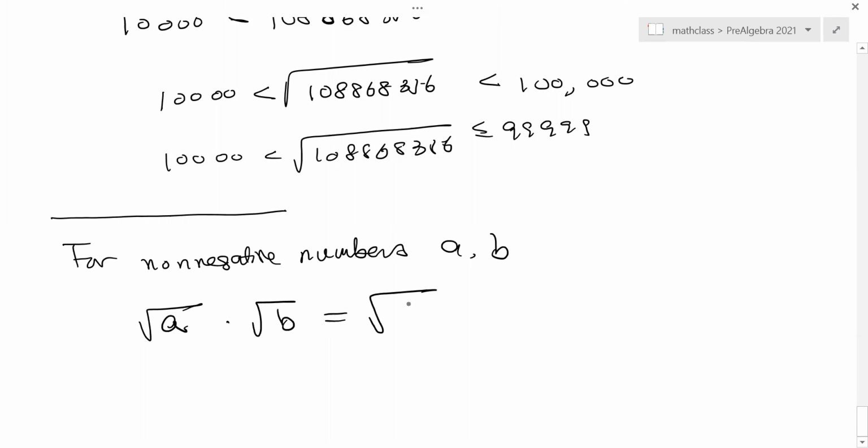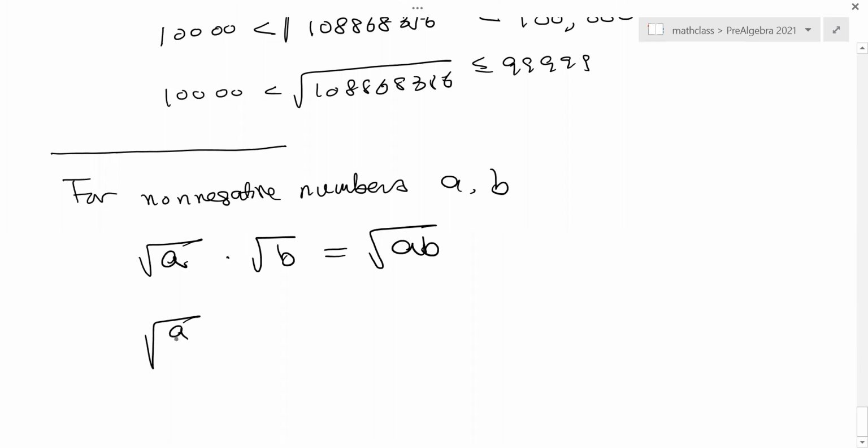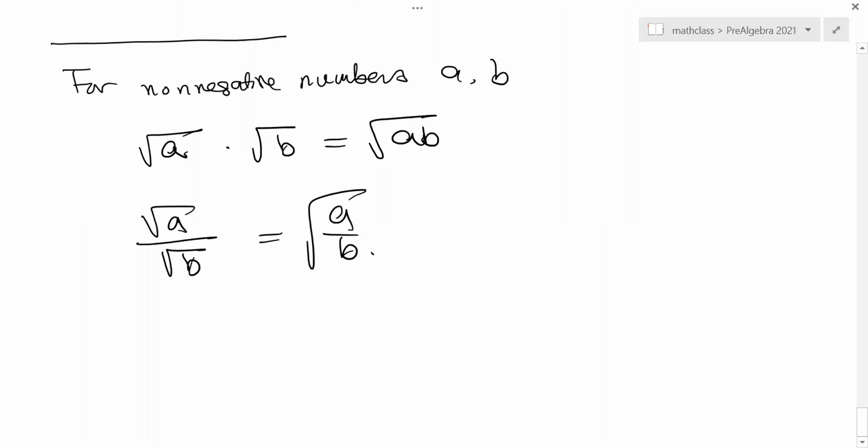Square root of A times square root of B is going to be square root of A times B. Another one is square root of A over square root of B is square root of A over B. Okay. Those are the two important identities.